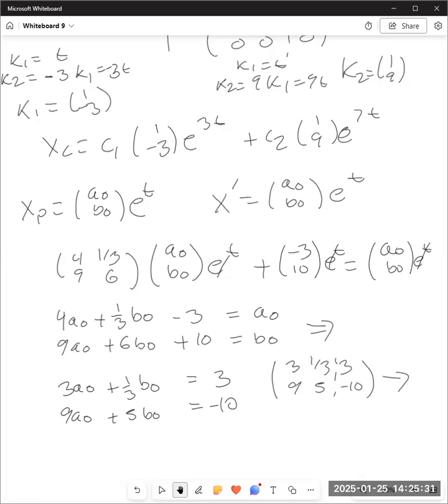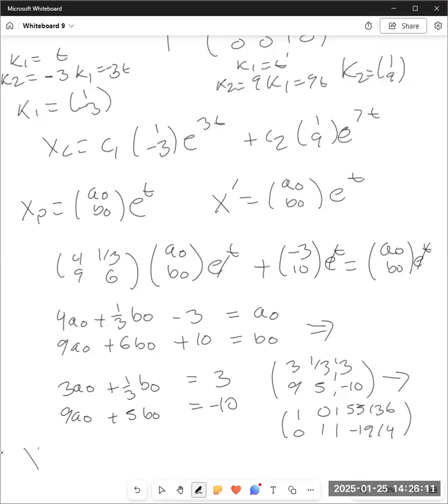So we're going to RREF that matrix and change our answer to a fraction. So I get 1, 0, and then 55 over 36, and then 0, 1, and -19 over 4. So that's what my a0 and b0 are for xp.